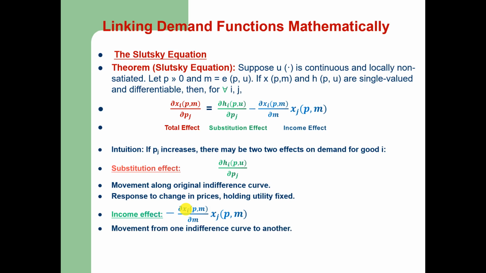If you remember, the substitution effect constitutes movement along the originally given indifference curve, whereas the income effect shows movement from one indifference curve to another, in response to a change in income holding all prices fixed. So this is how we can decompose the total effect into substitution effect and income effect.